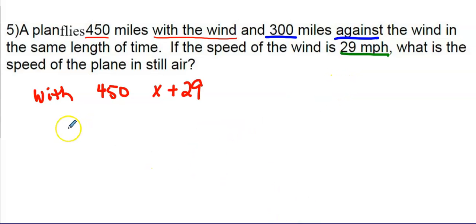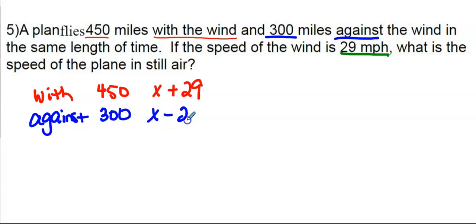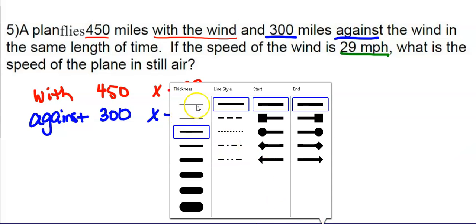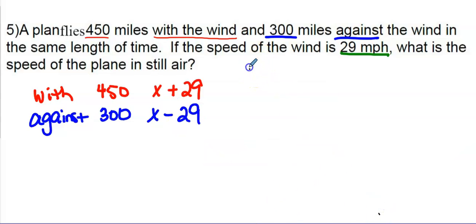If it flies against, it can only go 300 miles, because it's going X minus 29 miles an hour. We're looking for the speed of the plane, which is our X here. So 450 over X plus 29 equals 300 over X minus 29.